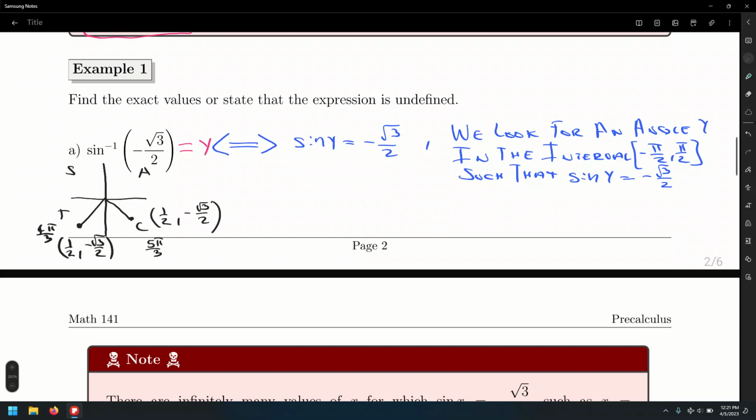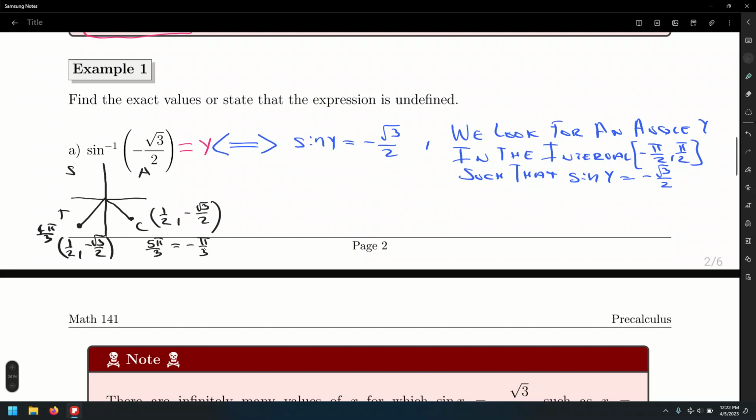However, as we mentioned before, these angles are periodic, and we can express, for example, this angle 5 pi over 3 in terms of another coterminal angle, with a negative sign. That is negative pi over 3. All right?